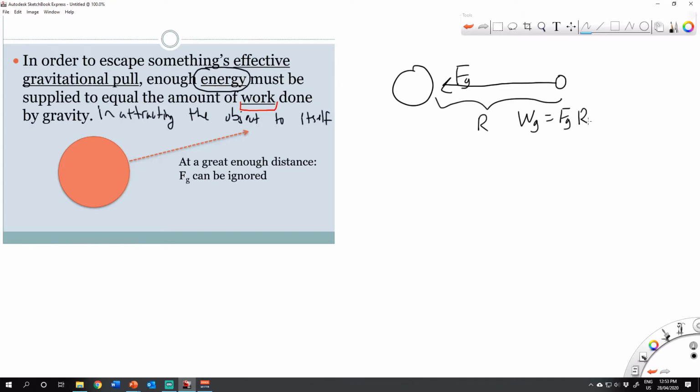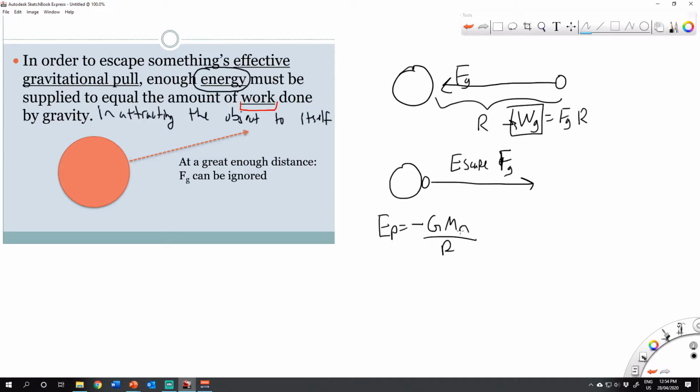Okay. Now, if I want to escape gravity, then I need to provide enough energy to overcome the work, so this quantity here, that gravity did in dragging the object towards itself in the first place. And that's kind of why in the previous slide our potential energy equation for gravity was negative, GMm over r.